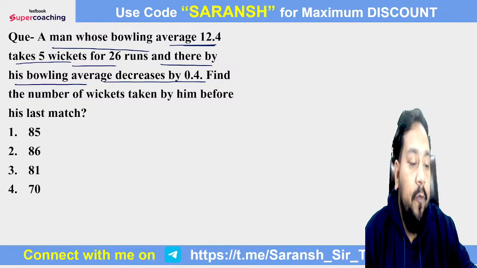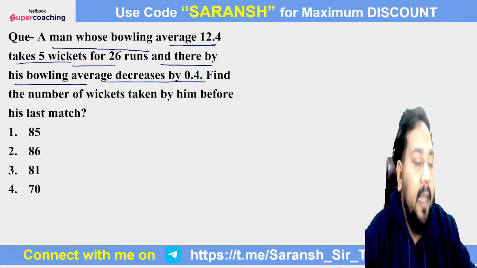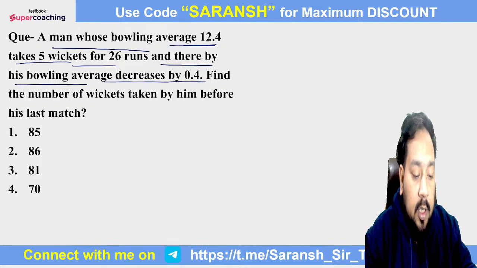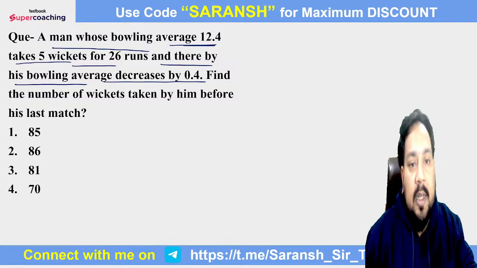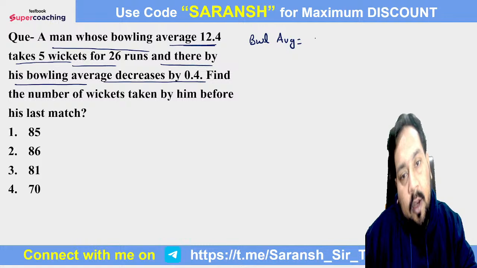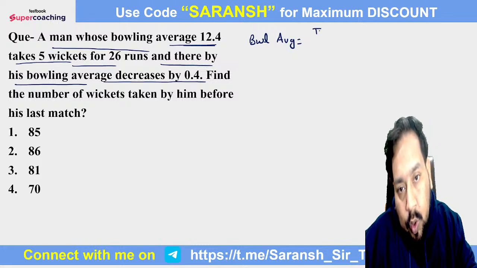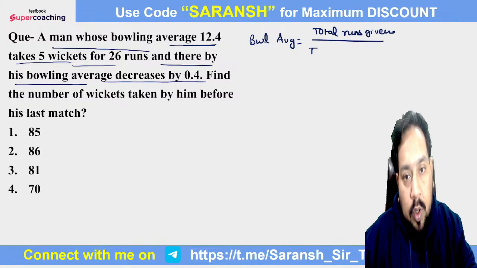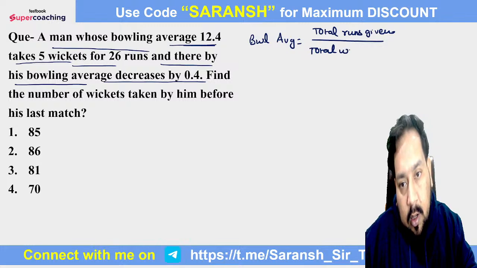Find the number of wickets taken by him before the last match. See, bowling average you will calculate simply: total runs given upon total wickets taken.